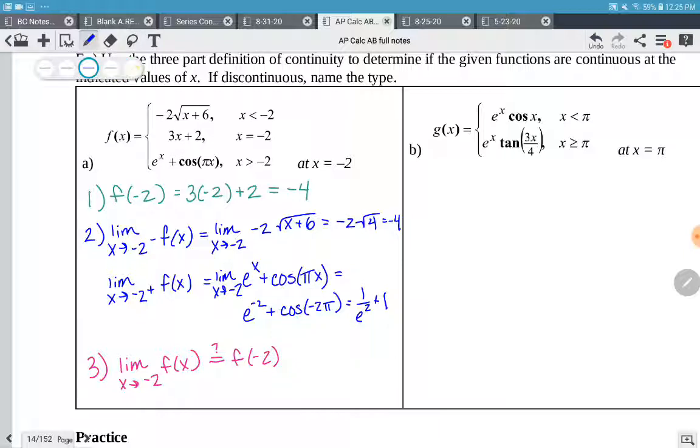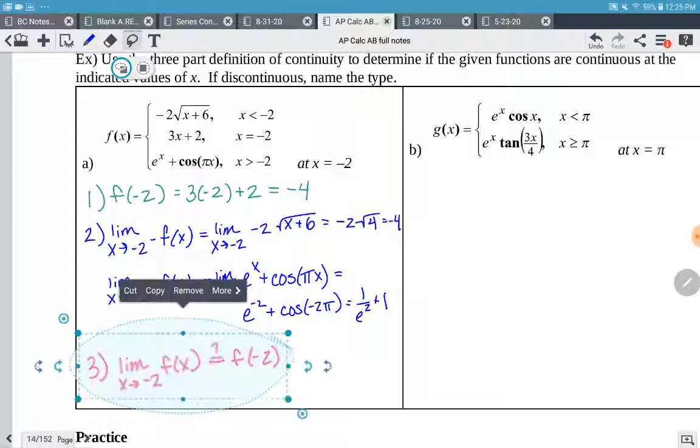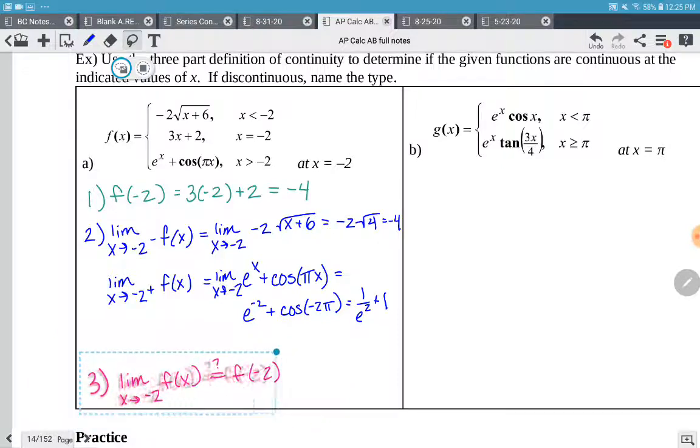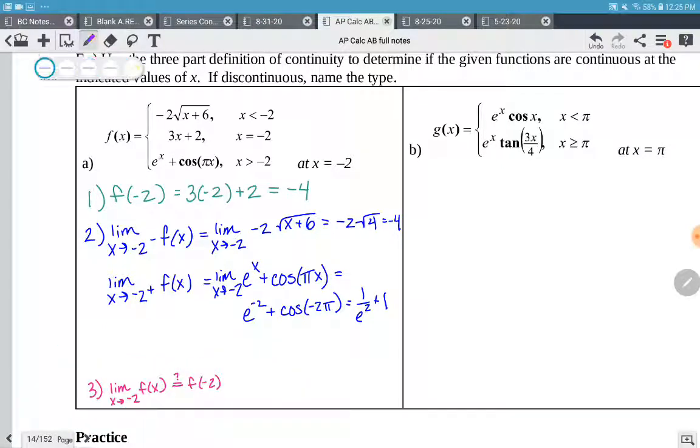Okay, now that does not equal -4, so I'm actually going to move this down. I really don't even need this third condition because it's going to fail the second condition here. So I can say the limit as x approaches -2 from the left does not equal the limit as x approaches -2 from the right.